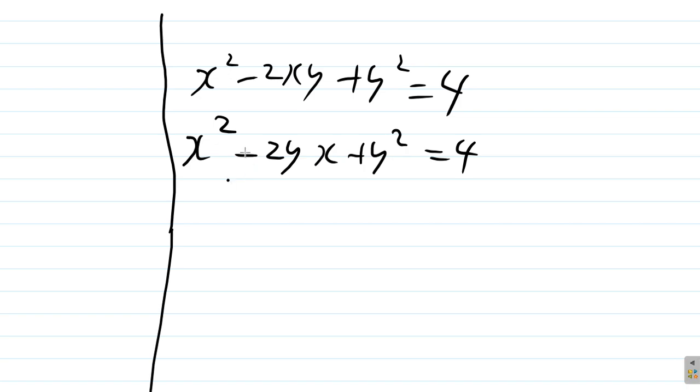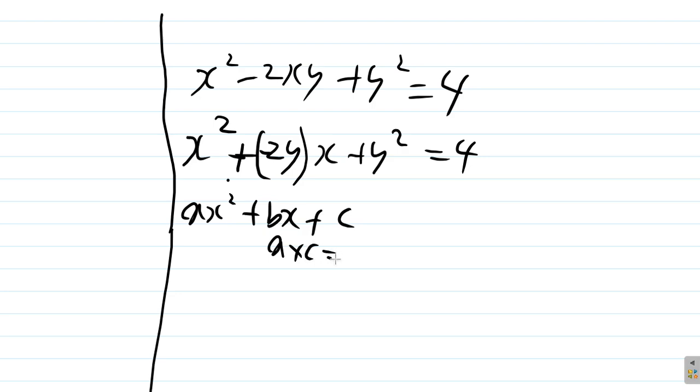Let's consider this as plus negative 2y times x. We use the AC method. We consider y squared as a number. It is the same form as ax squared plus bx plus c, and we factorize that.